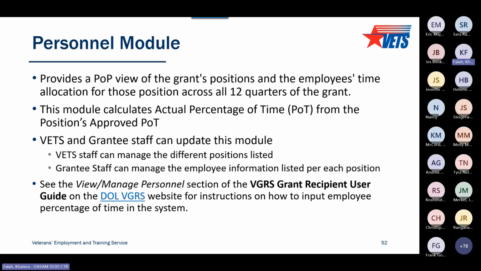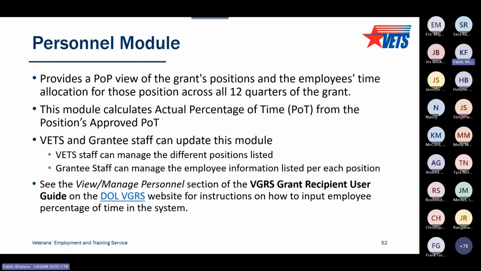You just have different items you can update. VETS staff can manage the different positions listed and positions approved percentage of time, while grantee staff can manage the employee information listed per position.